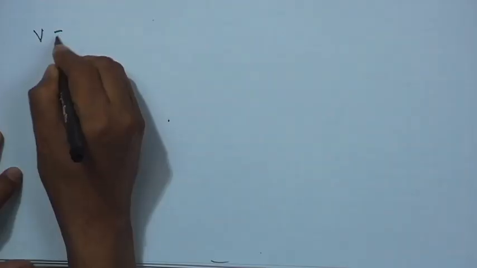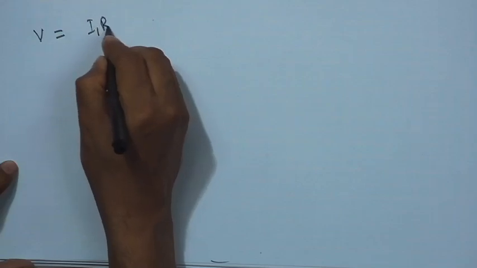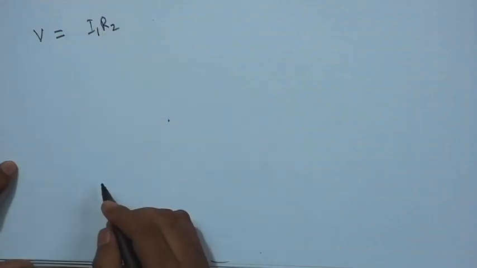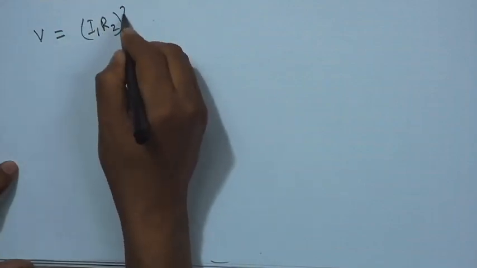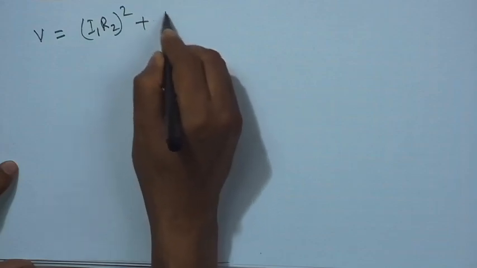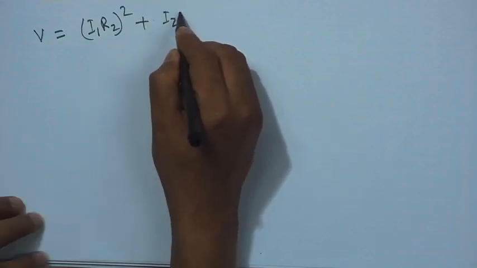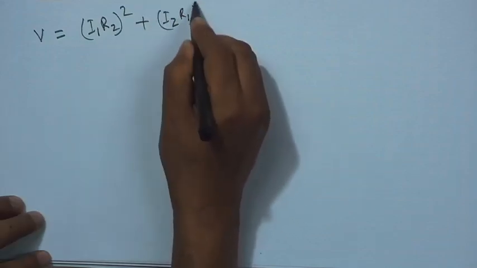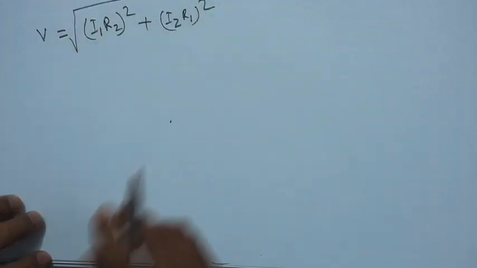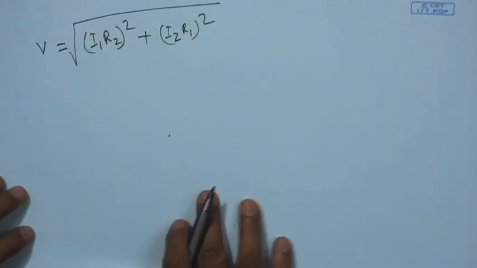It is nothing but the I1 current flowing across R2, so I1 R2 is the voltage, squared, plus the I2 current flowing across R1, whole square, then take the root over of the quadratic voltage sum.